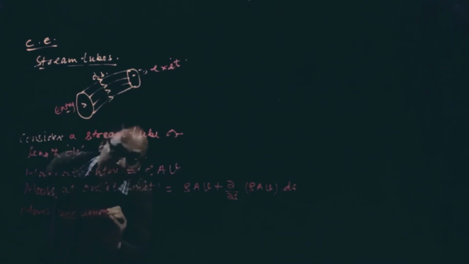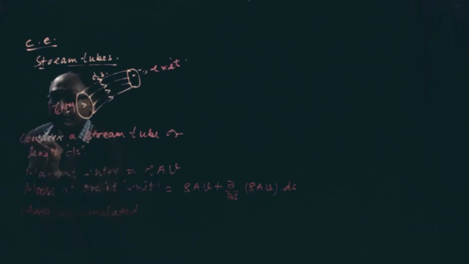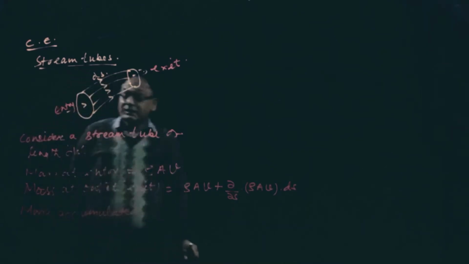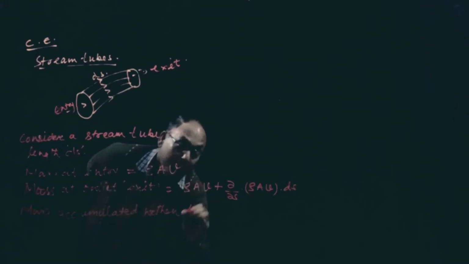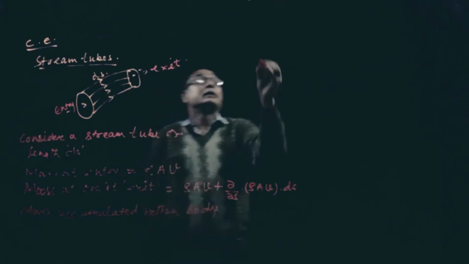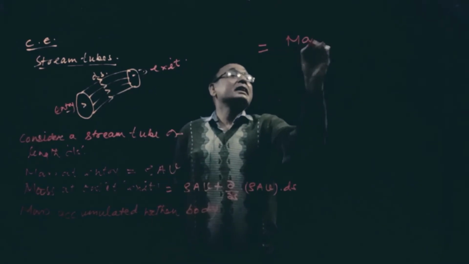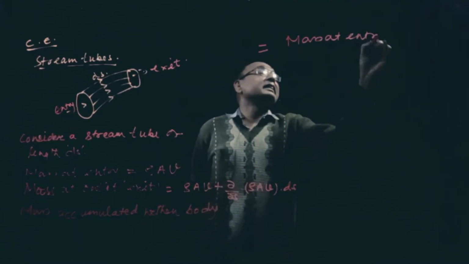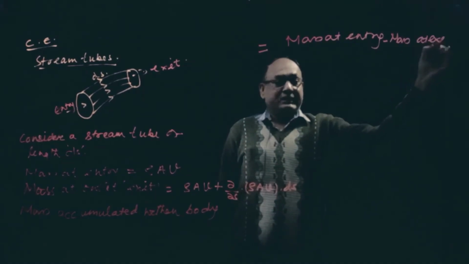Now the mass accumulated within the body will be equal to the mass at entry minus the mass at exit.